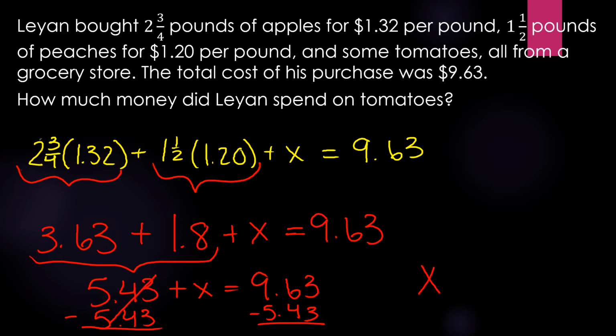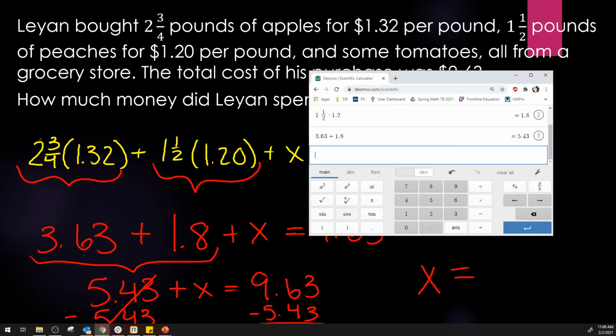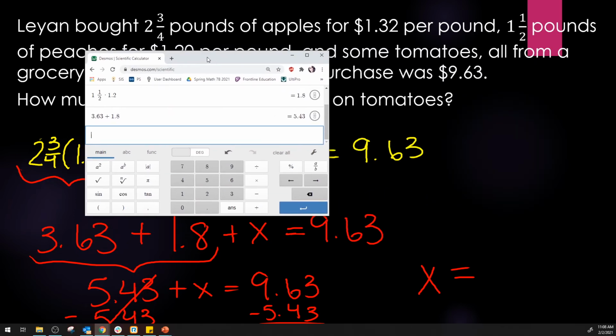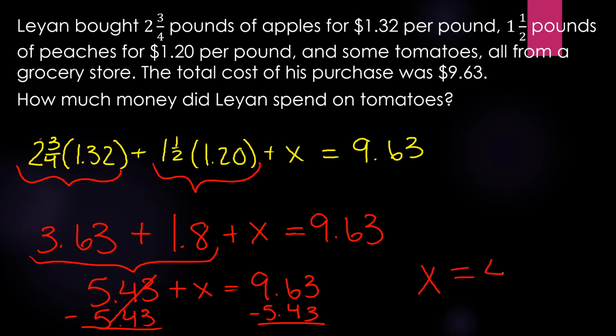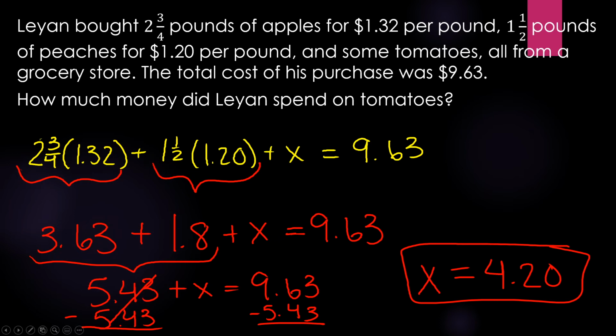And I'm going to be left with X is equal to, all I need to do is do this subtraction right here. So let's bring back our calculator to do our subtraction. So I'm doing 9.63 and I am subtracting 5.43 from it and I get 4.2. Which means that Leanne spent $4.20 on those tomatoes.